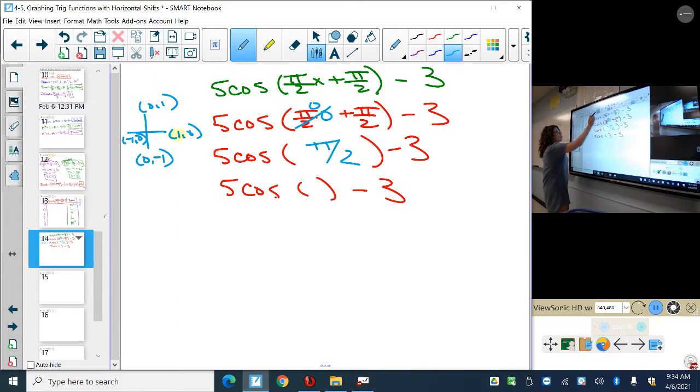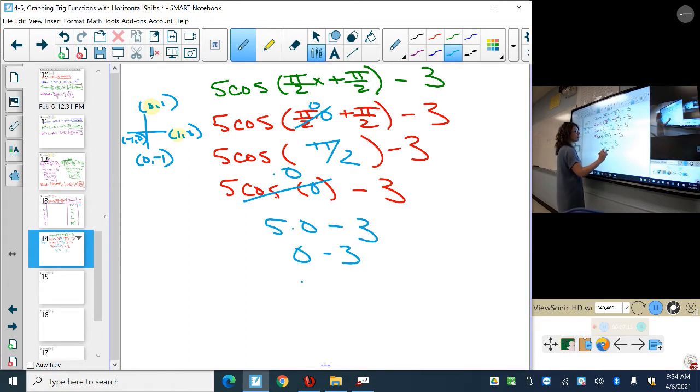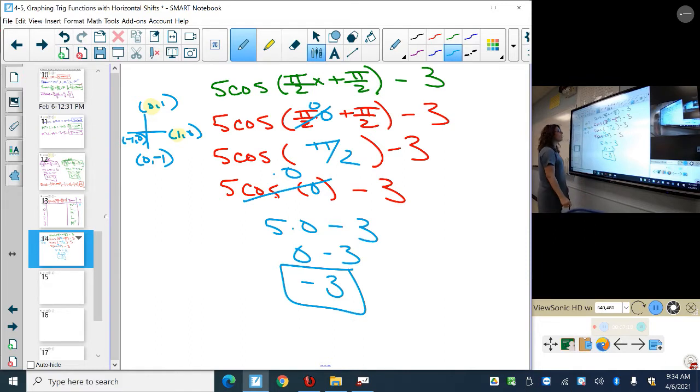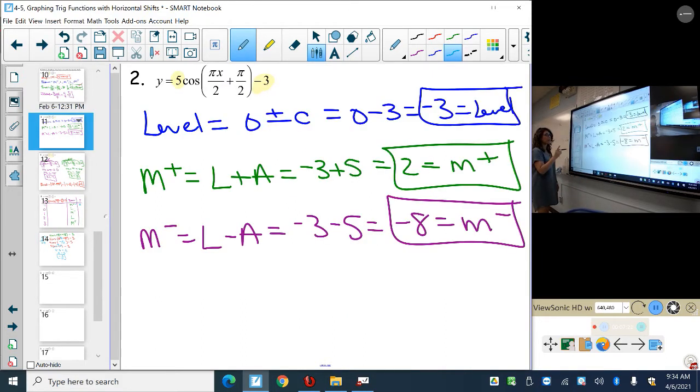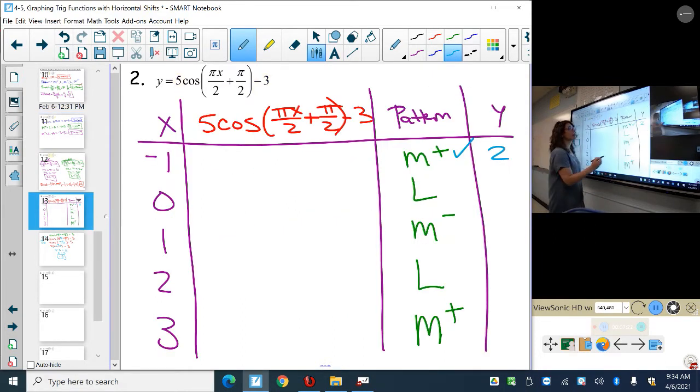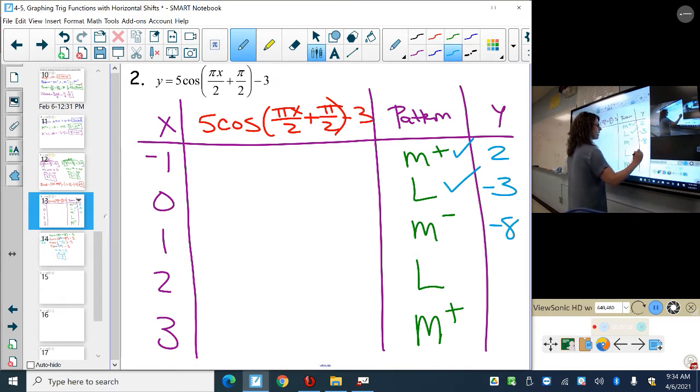What is the cosine at pi over 2? Well, the cosine at pi over 2 is going to be 0. So I have 5 times 0, which is 0 minus 3, which is negative 3. Negative 3 happens to be my level, which means I am right. Okay? So then my minimum is negative 8, and I can fill in the rest of them because I know that I'm right.